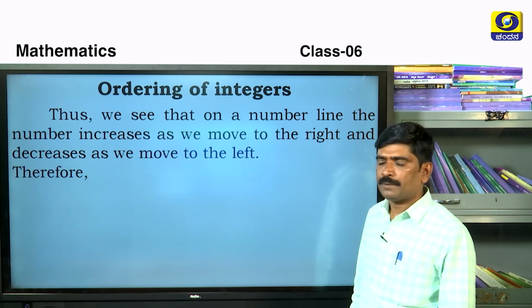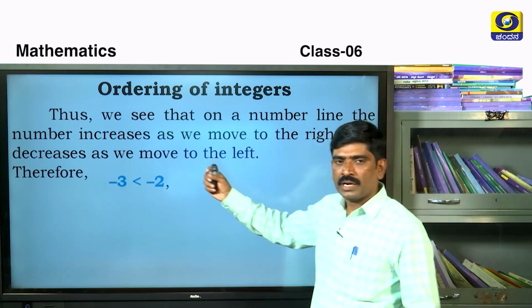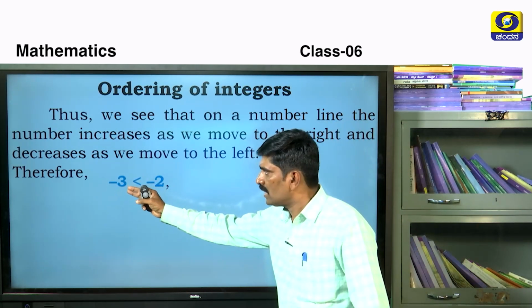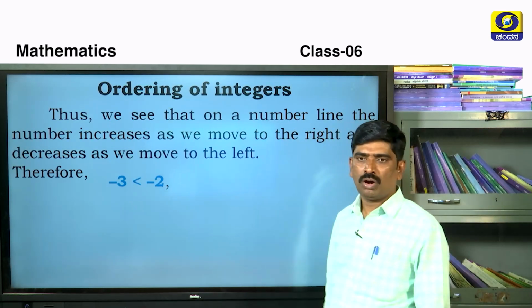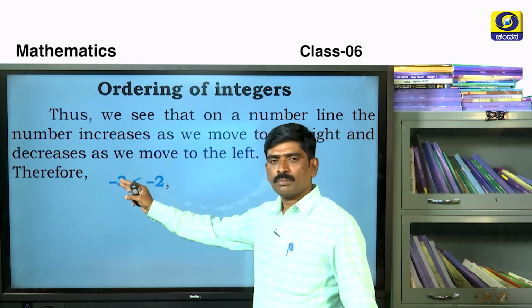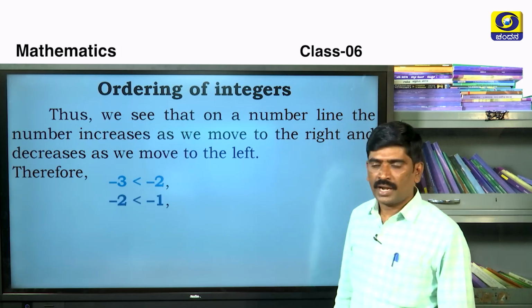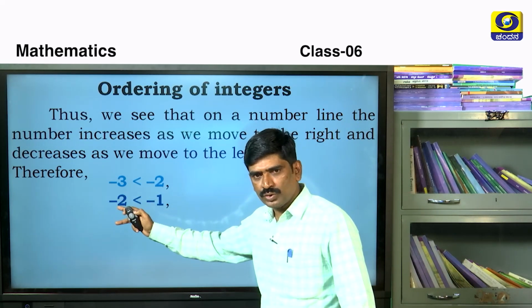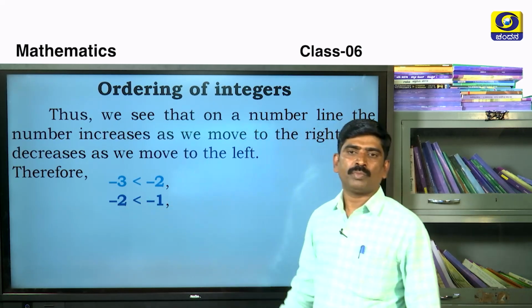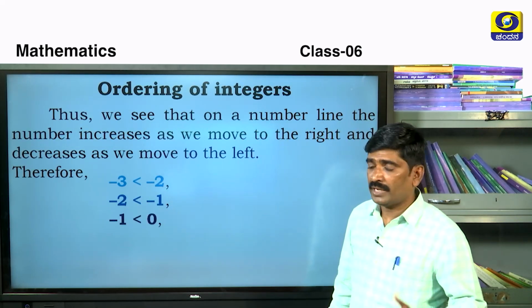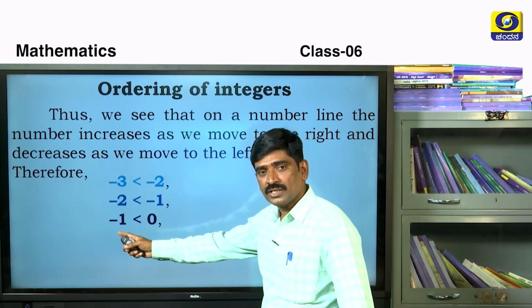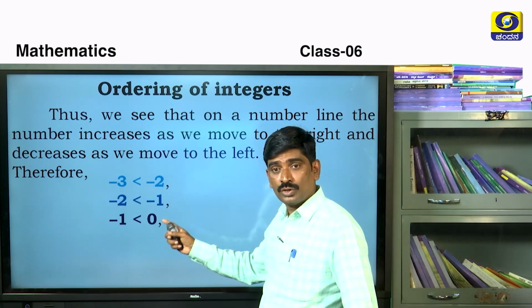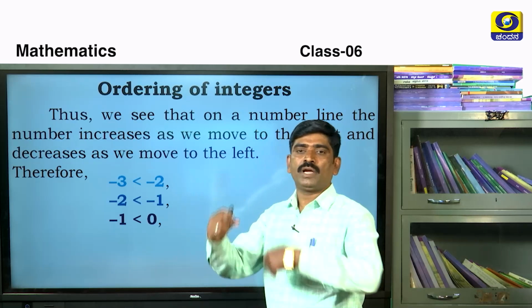Therefore, -3 is less than -2, or -2 is greater than -3, and -1 is greater than -2, or -2 is less than -1. Then -1 is less than 0. 0 is greater than -1.